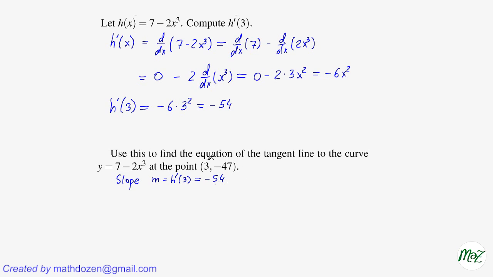The problem gives us the point 3, negative 47. So we can use the point-slope equation to figure out the equation of the tangent line. If we put all the numbers in, we get y minus negative 47 is equal to negative 54 times x minus 3.